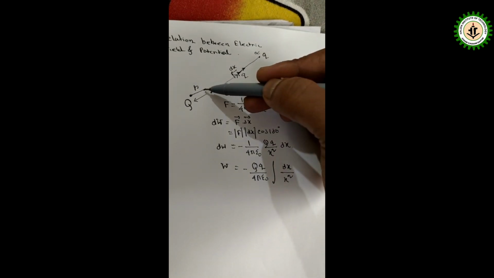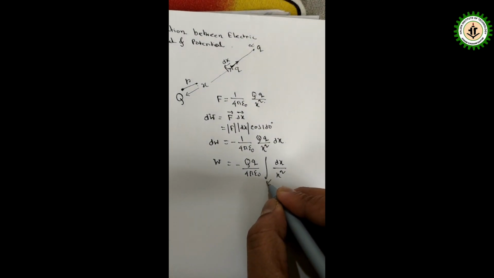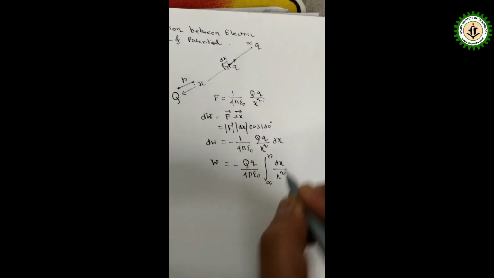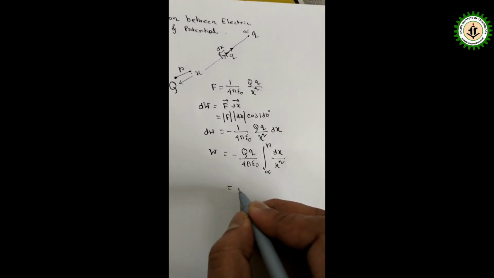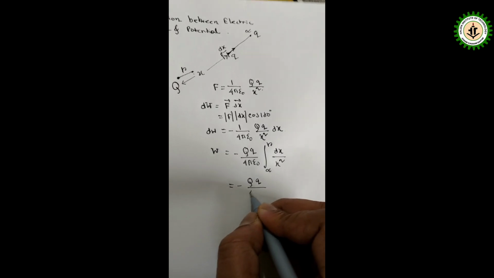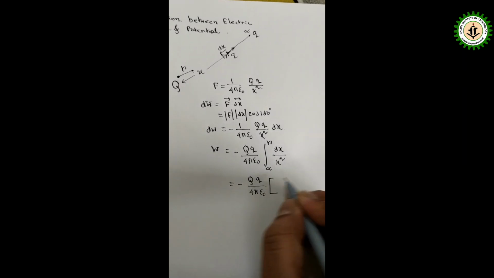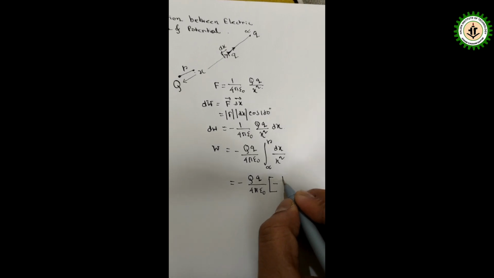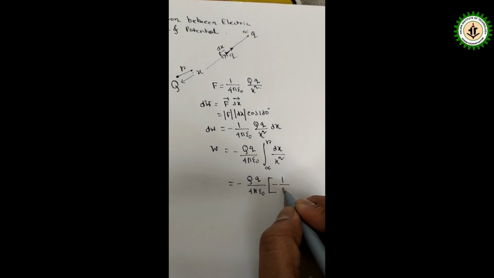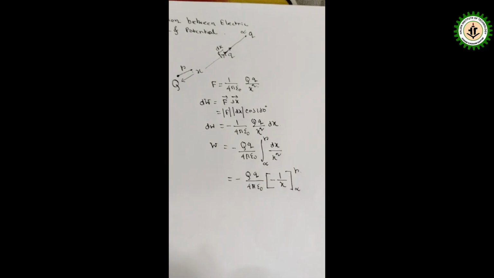So the initial point is infinity and the final point is r, so the limit will be infinity to r, and the result will be minus capital Q small q by 4 pi epsilon naught, integration of dx by x square, which will be minus 1 by x from infinity to r.